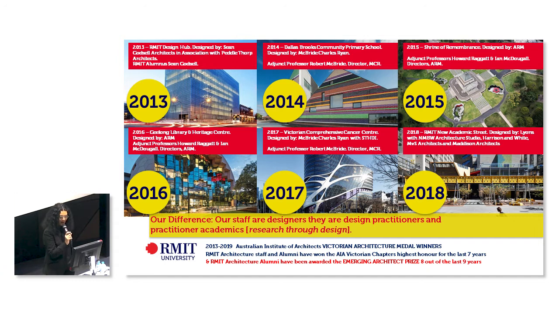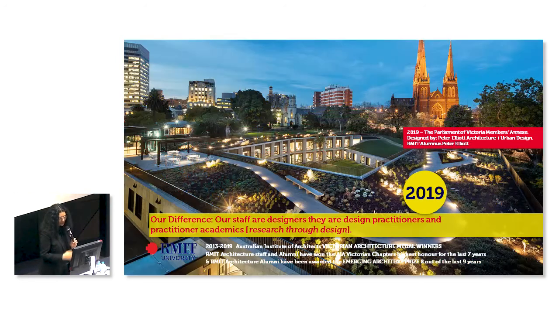The 2018 example is for the new Academic Street project, which you can see just across the road. That was a project by some of our adjunct professors and alumni. And also McBride Charles Ryan, our adjunct professor Rob McBride's practice, Victorian Comprehensive Cancer Centre, which is a very interesting building that some of you may have seen, received it in 2017.